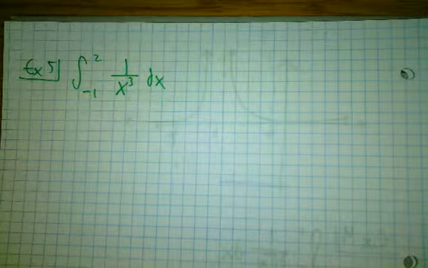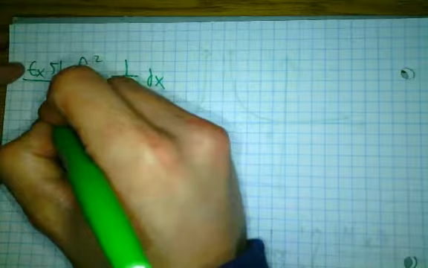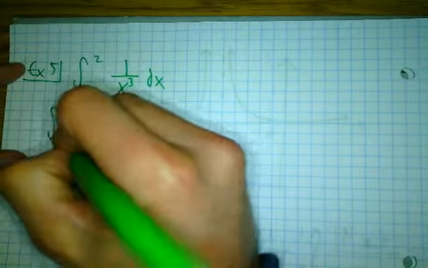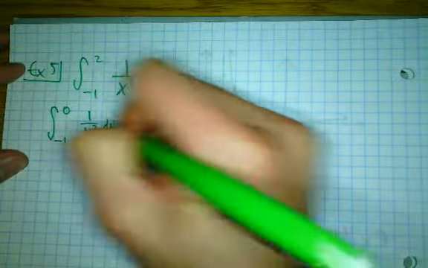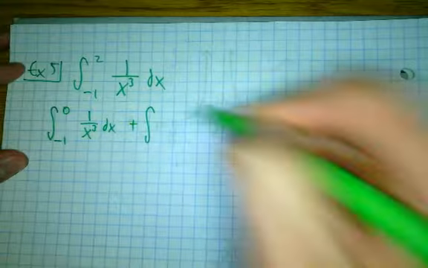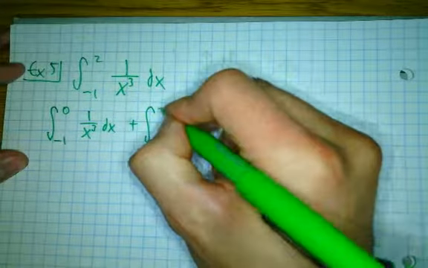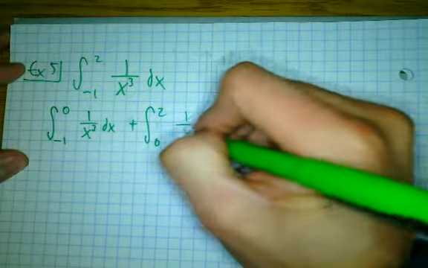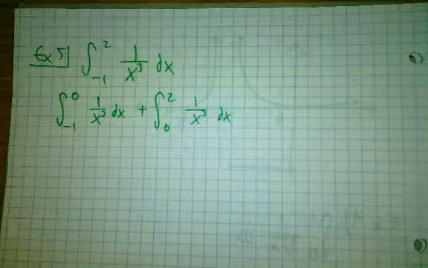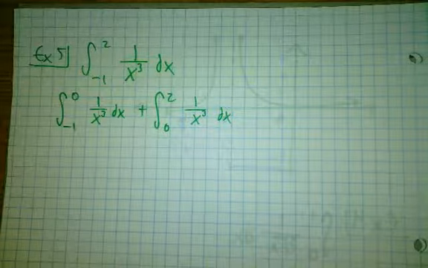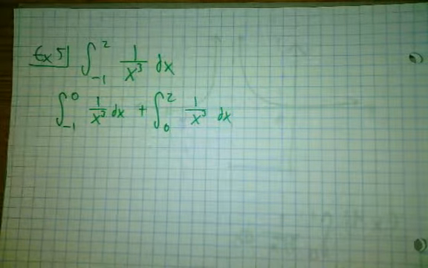So you're going to first have to rewrite this as the integral from negative 1 to 0 of 1 over x to the 3rd dx, plus the integral from 0 to 2 of 1 over x to the 3rd dx. Now what's the problem here? Yes, 0 is your asymptote.